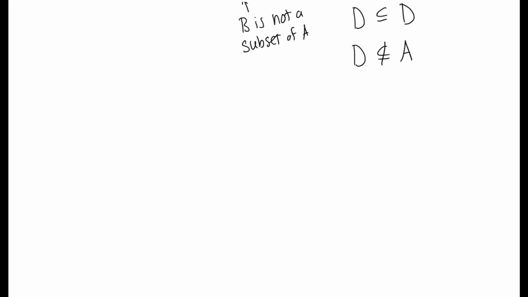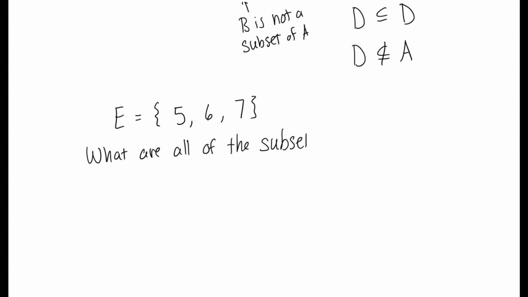One last example, let's make a last set called E. And we'll have E be the set 5, 6, 7. I'm just going to list out all of the subsets of E. So the subsets of E are, we start with the empty set. When I list these out, I usually just start with the smallest sets first.